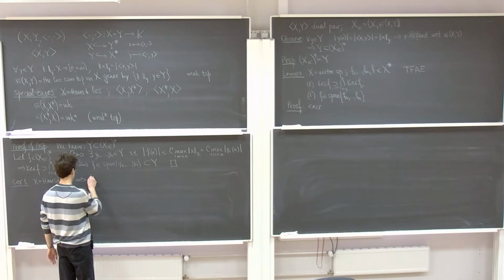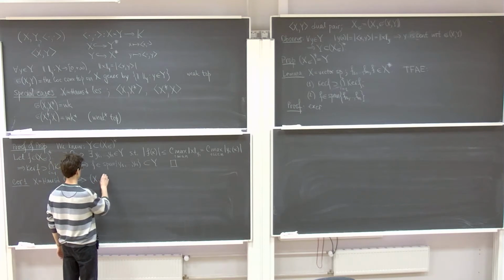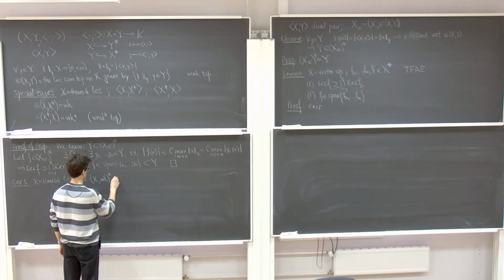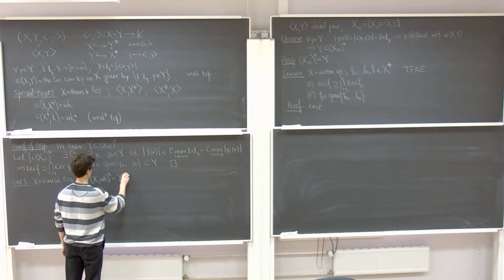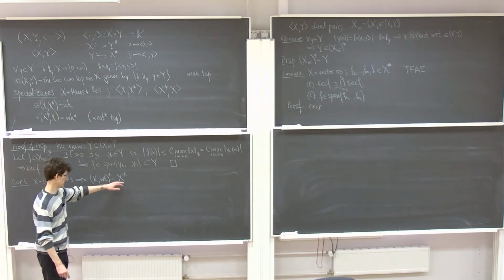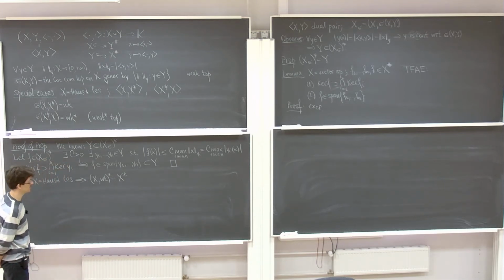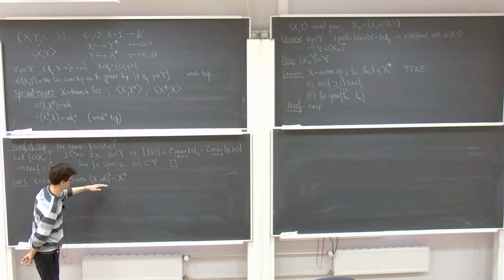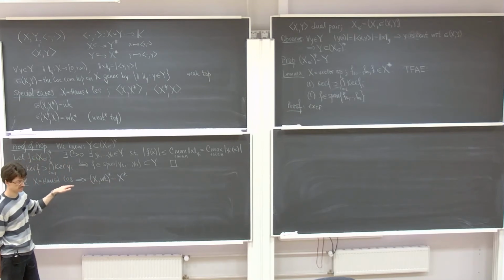If we equip X with a weak topology, then the dual will be the same as before. I mean that if we equip X with the original topology, or if we equip X with a weak topology, the duals are the same.